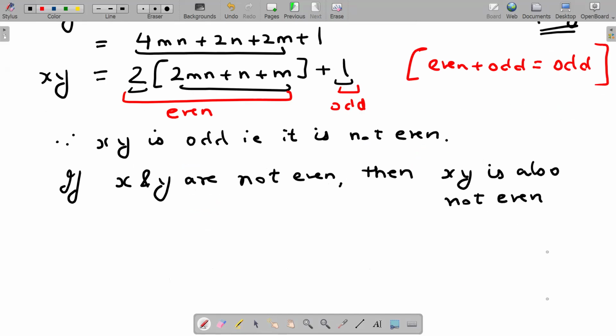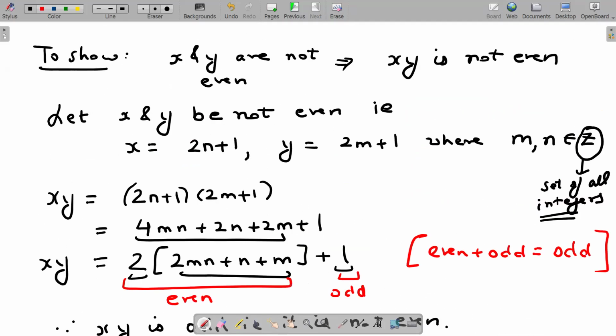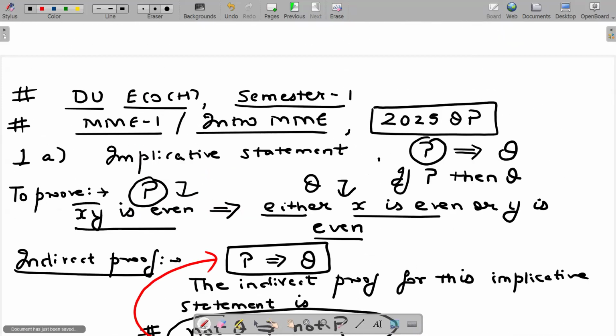So I have shown that not Q implies not P. Therefore, by indirect proof, P implies Q. What was P?